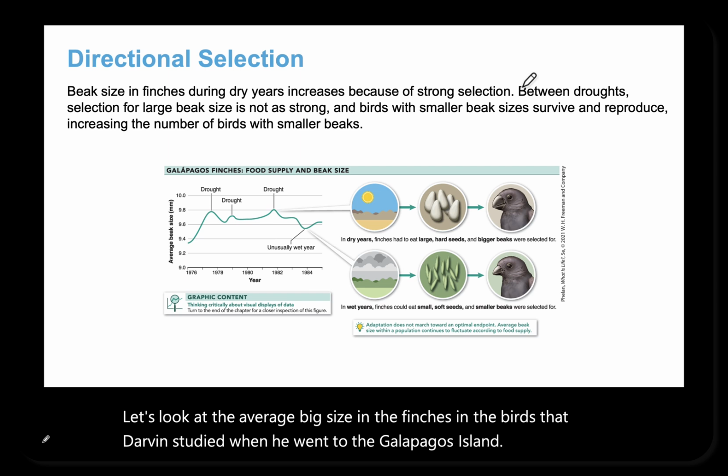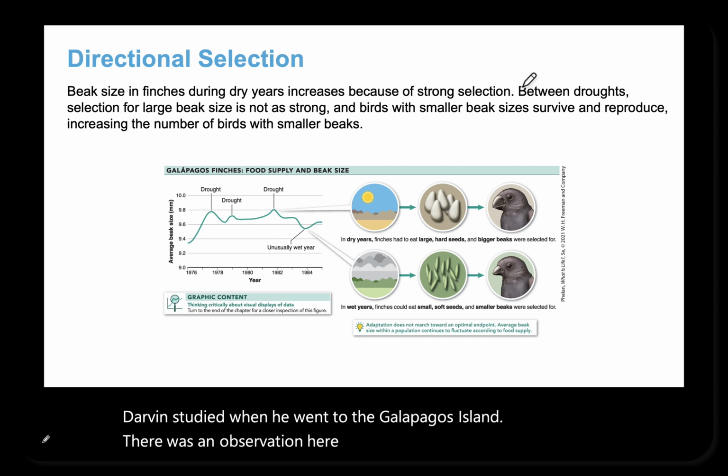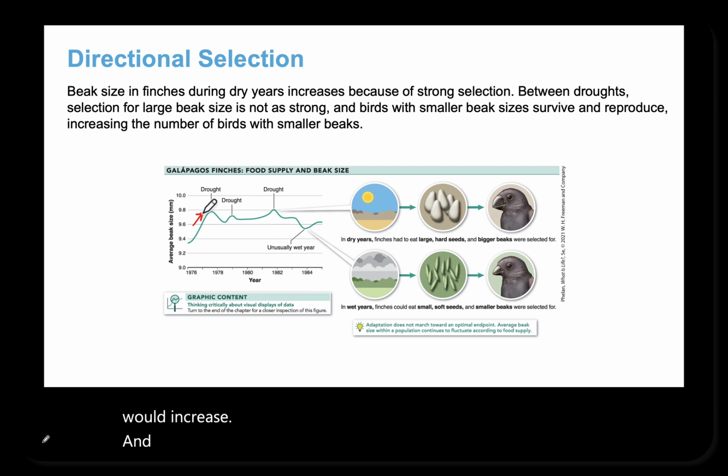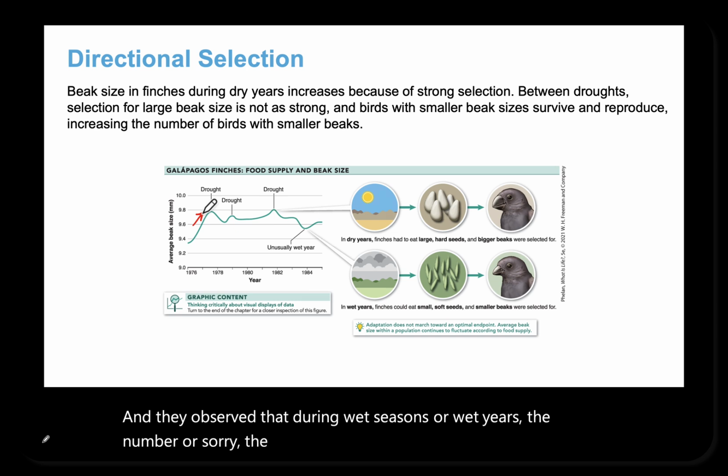There was an observation with these birds that in dry years or dry seasons, the average beak size of these animals would increase. And they observed that during wet seasons or wet years, the average beak size would decrease.